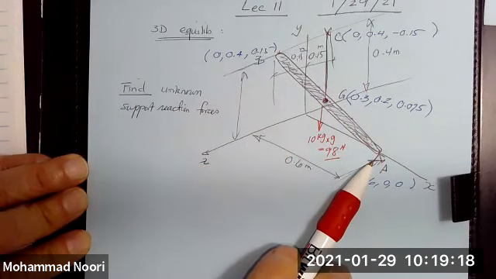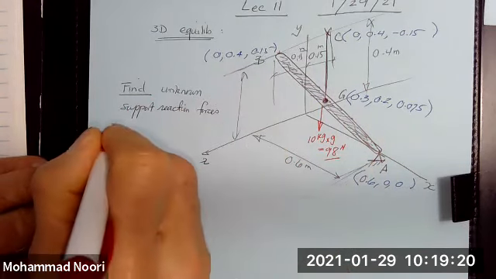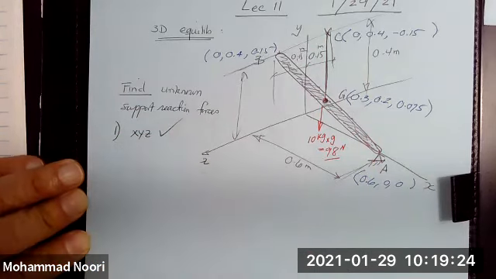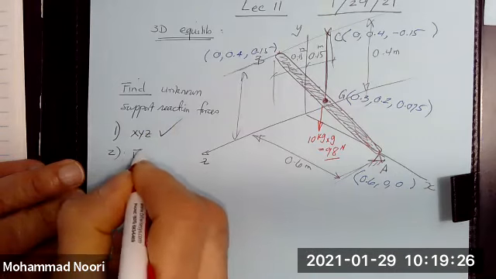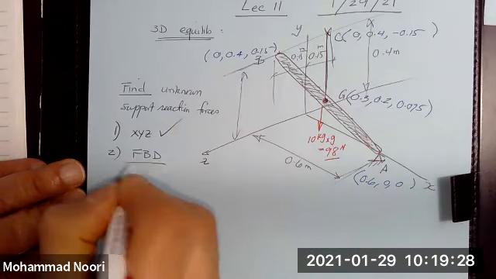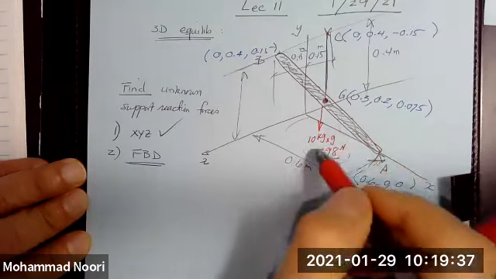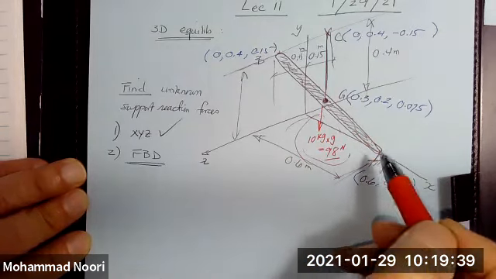This rod is connected here. So in other words, as the first step, once you set up X, Y, Z, which in 3D is all set up for you, you want to set up the free body diagram to identify those external reaction forces that you have. This weight is an applied load, known, given.